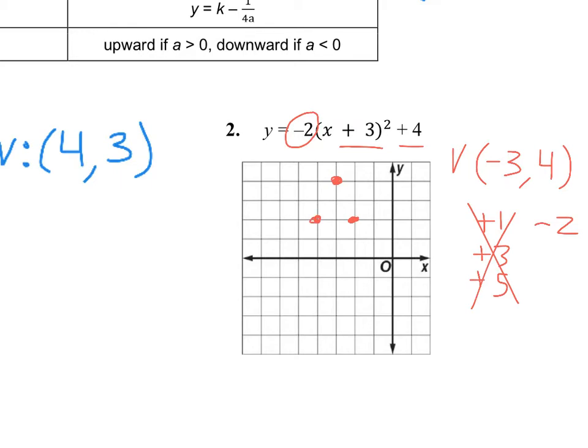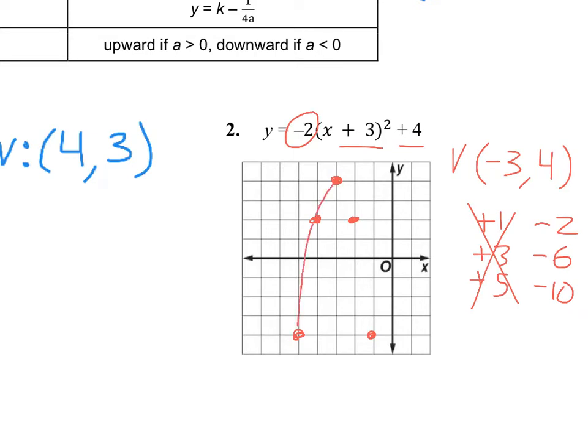The 3 will become a down 6. So from the last points we made, we go down 6. If we had room, we would go down 10 next, because 5 times negative 2 is negative 10.